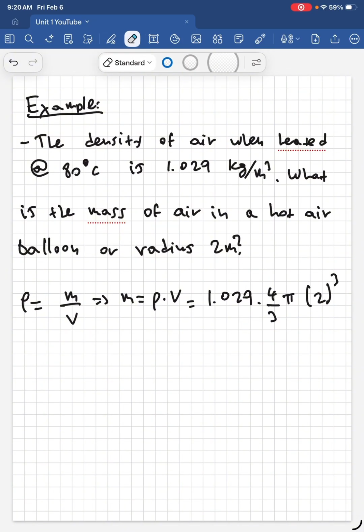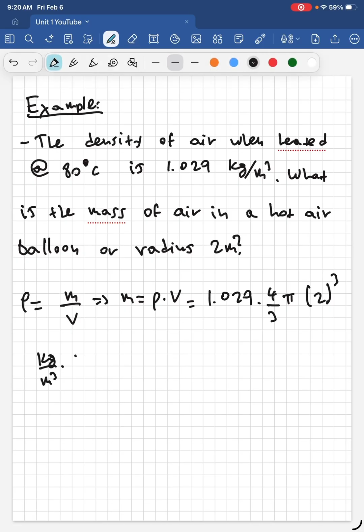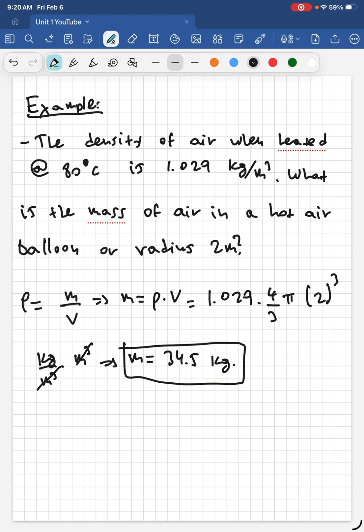And the units are kilograms per cubic meter times cubic meters. So this cancels. So the mass is 34.5 kilograms. Okay. So yeah, it's kind of heavy, but not that heavy. If you think about how large an air balloon is, this is not a lot of mass. Okay.